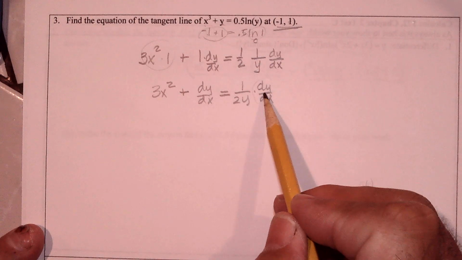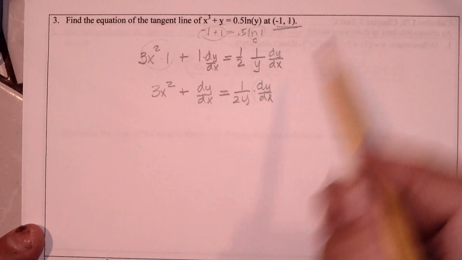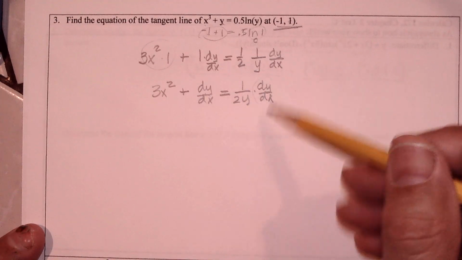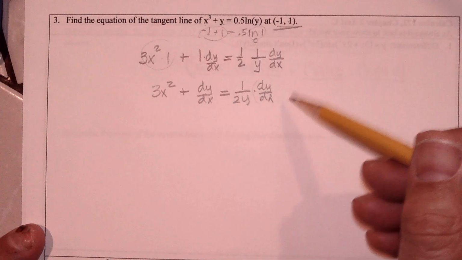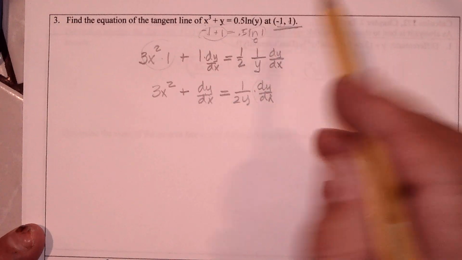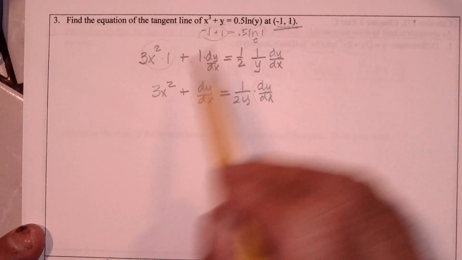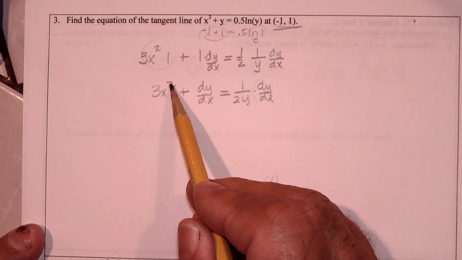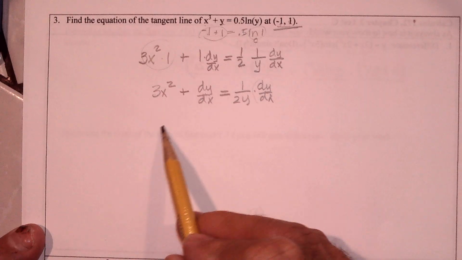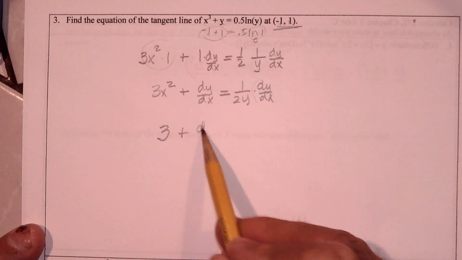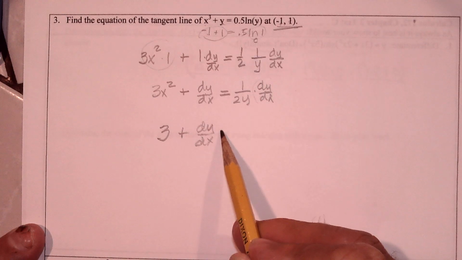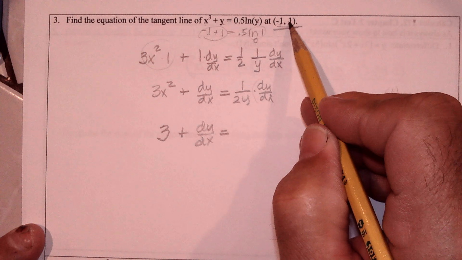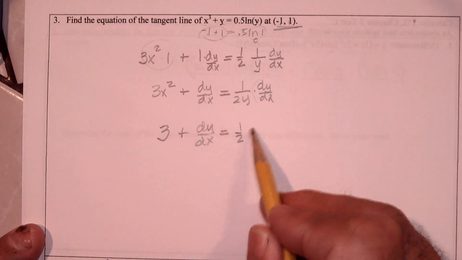So now to find the slope, I've got to solve for dy/dx. I can either bring this to this side, factor it out, and solve for dy/dx, and then put in the -1 and 1, or I can put the -1 and 1 in right now. -1 for x: this would be -1 squared, which is 1, times 3, 3 plus dy/dx equals 1 over 2 times 1, which is just a half.